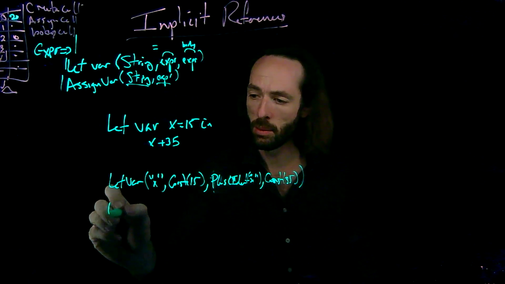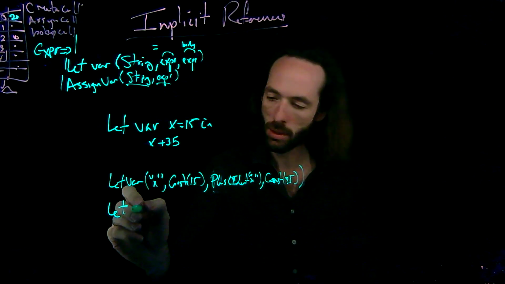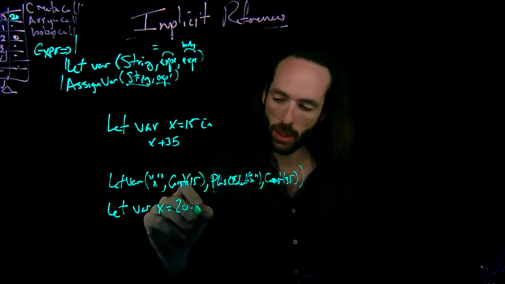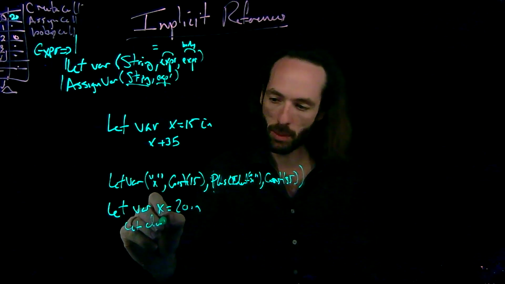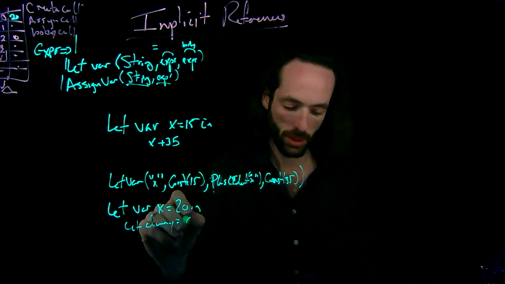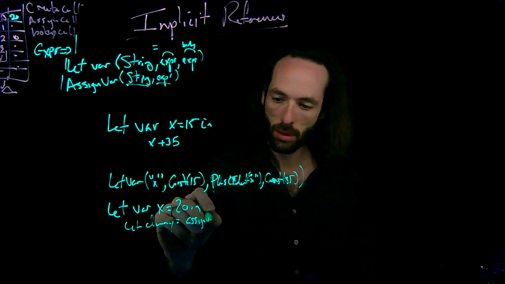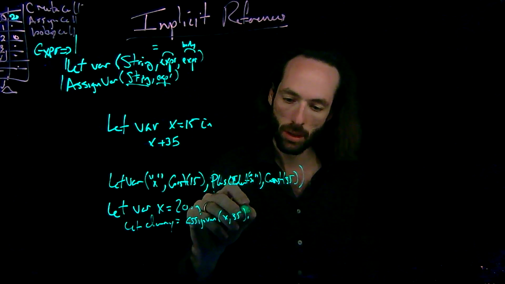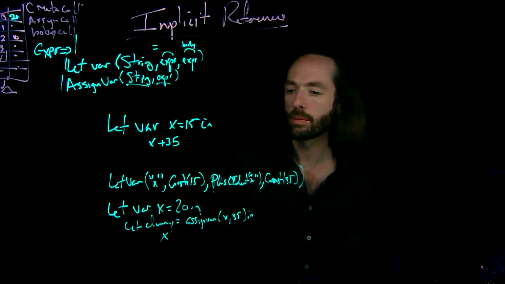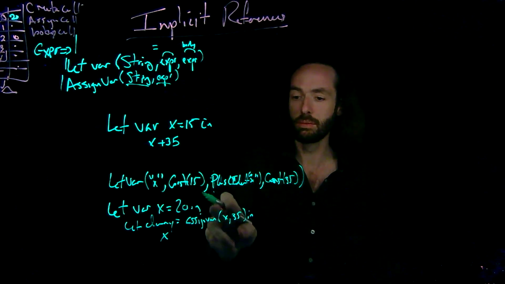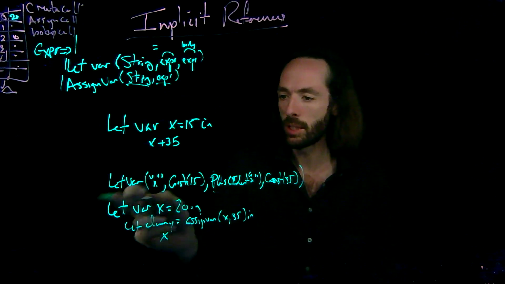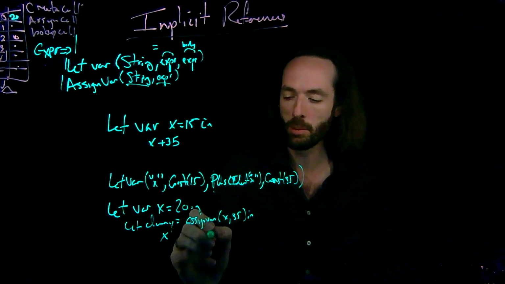Let's do it again with maybe a little more complex one. Let var x equal 20 in, let dummy equal assign var x 35 in x. Okay, so this uses one of our assign vars, so we'll see how that shows up. But right, same thing. This is going to be a let var statement.